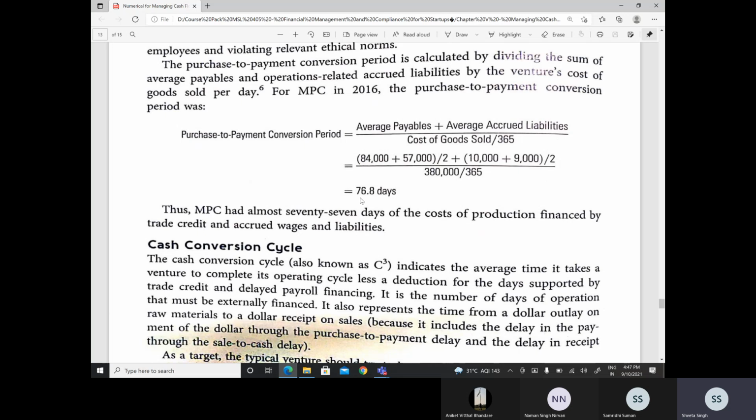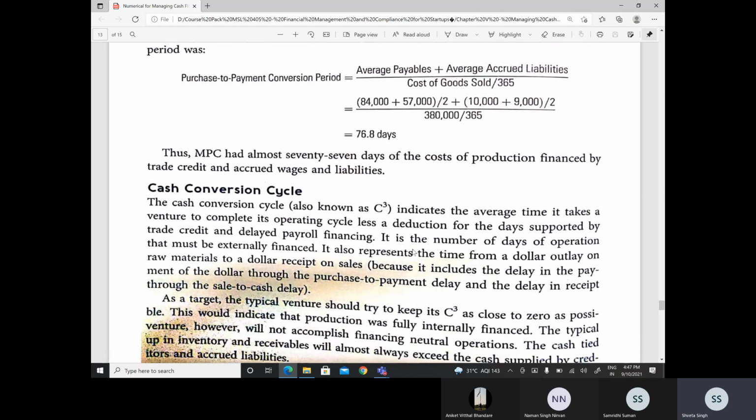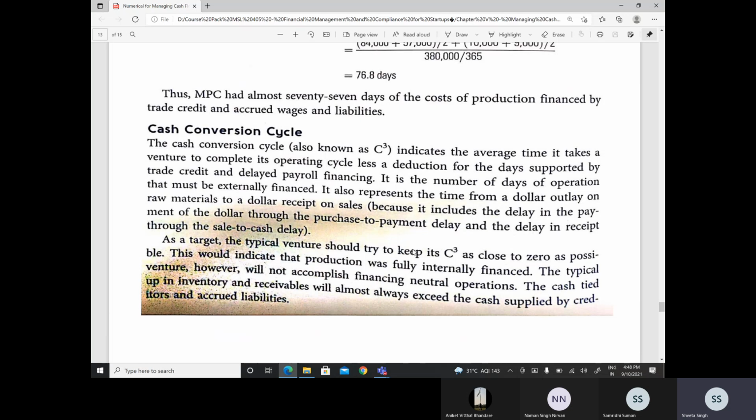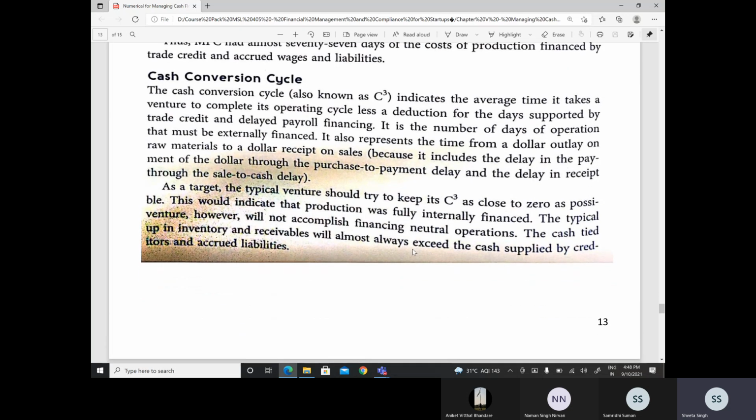This comes out to be 76.8 days. Thus, MPC had almost 77 days of the cost of production financed by trade credit and accrued wages and liabilities. So this was basically indirectly financed through its suppliers and employees.